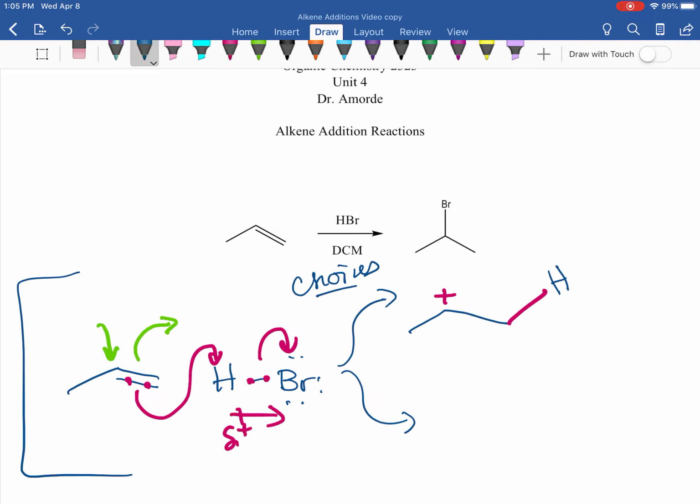It's like a cliffhanger. Okay, so let's draw the other one. What if we swing the other way? We're going to swing up this way, form that bond to hydrogen. And now where is our carbocation left behind? Out here.